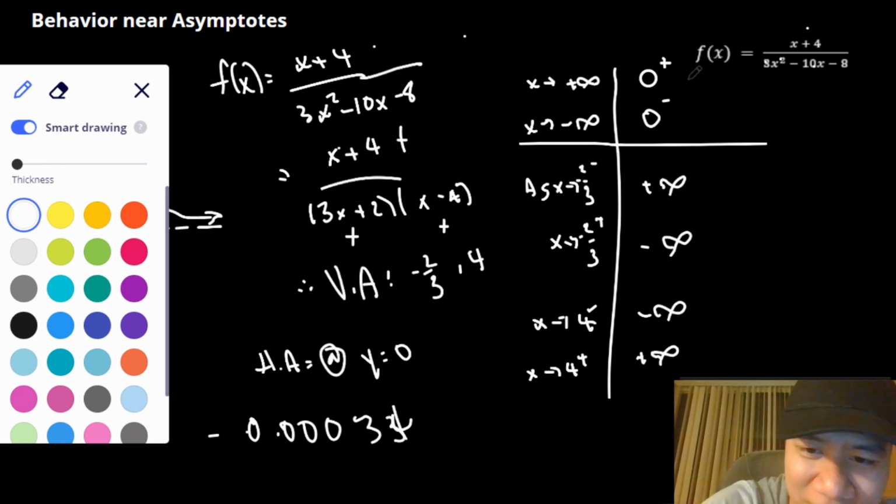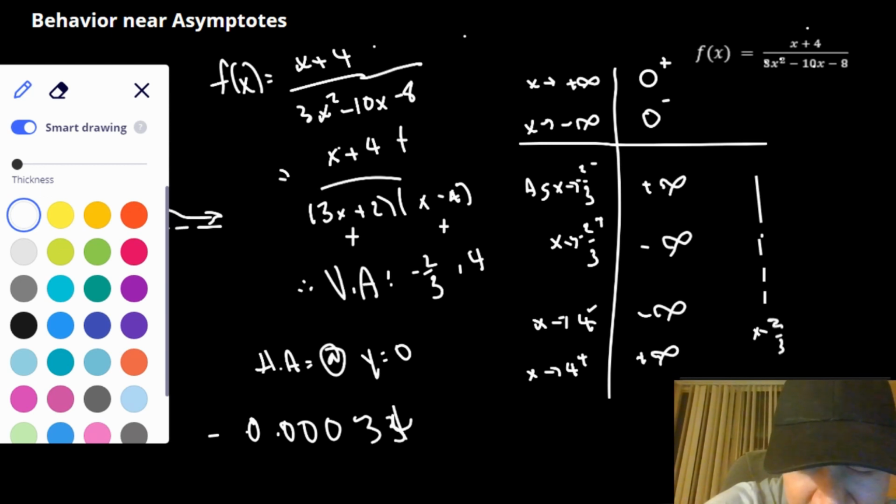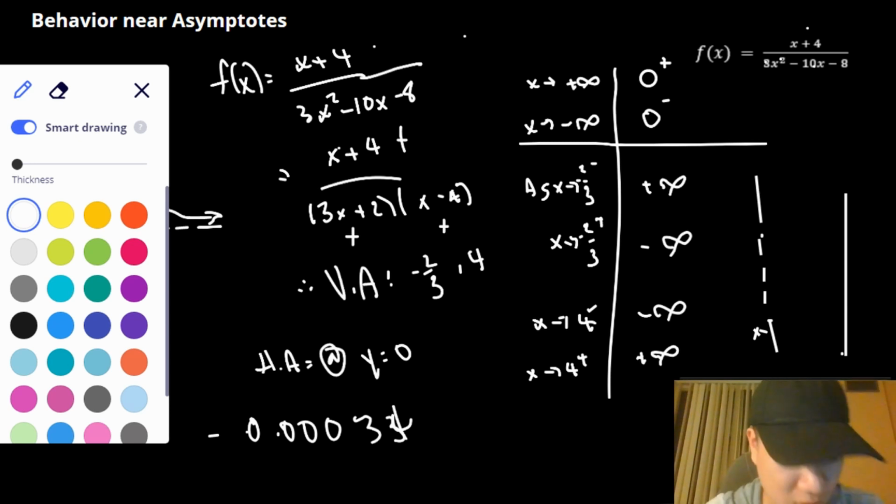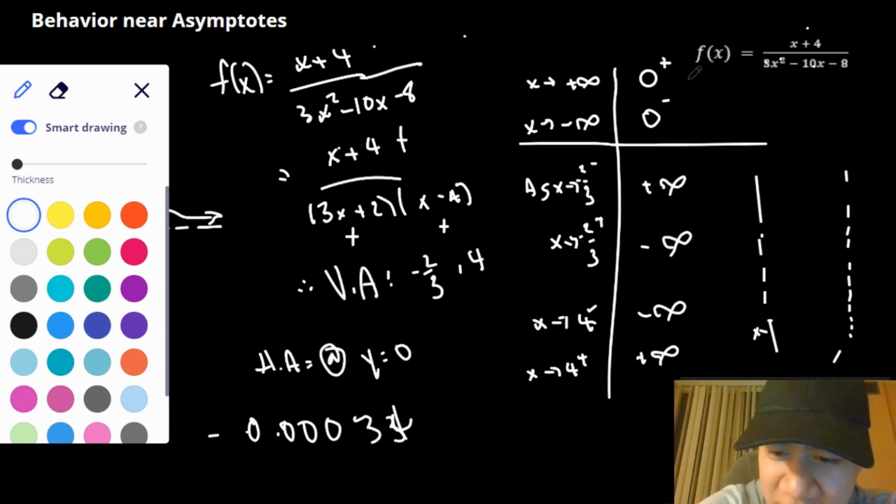So first we have our vertical asymptote, x equals negative 2 over 3. And then we have our other vertical asymptote at x equals 4.